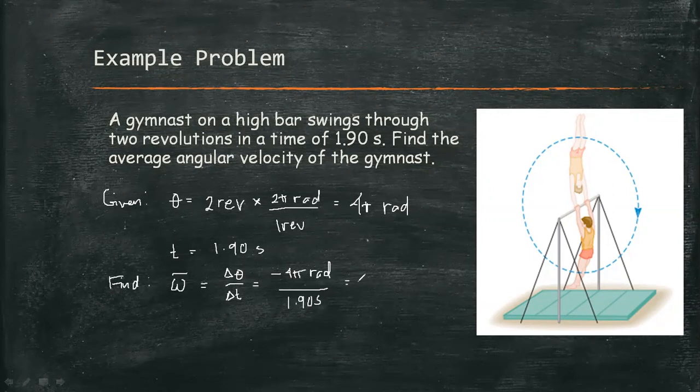Why negative? As illustrated, the direction of the swing is clockwise. Therefore, our theta should be negative, so let's make this theta negative 4 pi rad. Therefore, our average angular velocity is negative 6.63 rad per second.